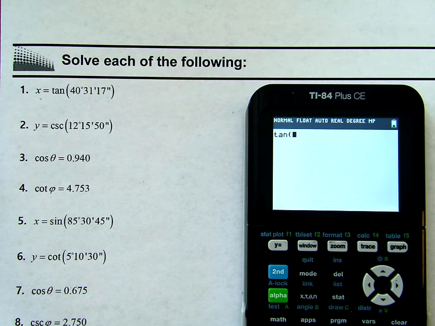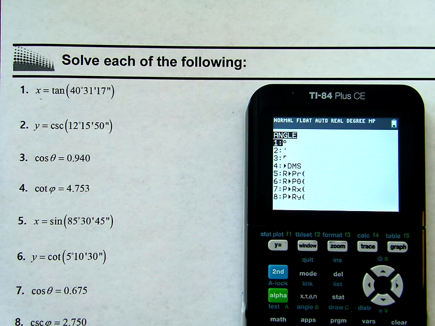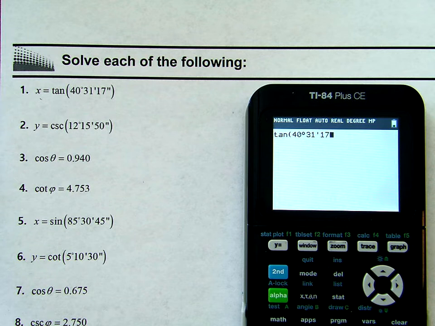So I'm going to type in tangent, 40. I'm going to go to my angle menu, which is the second above apps. I'm going to grab the degree symbol, 31, back to that same angle menu, grab the minutes, 17, and then one of the weird quirky things of this calculator is the seconds symbol is not located in the angle menu.